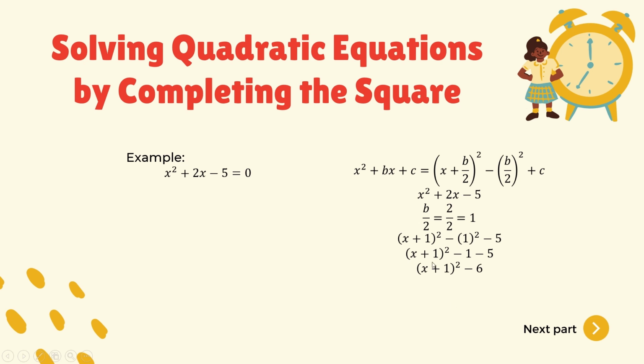And then after we found this completed square, we put it back into our equation. So the equation becomes x plus 1 squared minus 6 equals 0. We move the minus 6 to the right side, so we've got x plus 1 squared equals 6. And then square root both sides, so we've got x plus 1 equals plus or minus square root of 6.